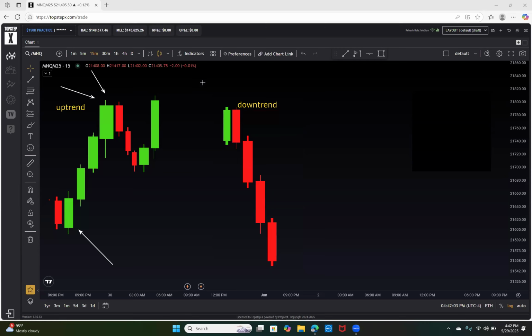They start off of a resistance. And what will candles do when they're trending down? They will make lower lows and lower highs, lower lows, lower highs, etc.